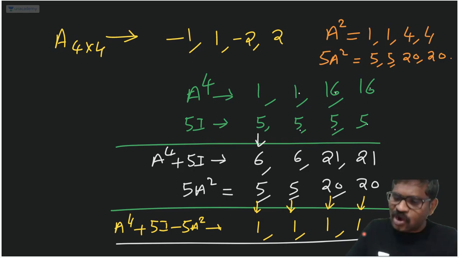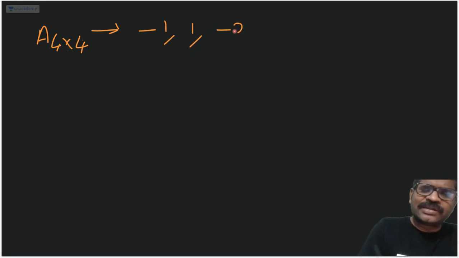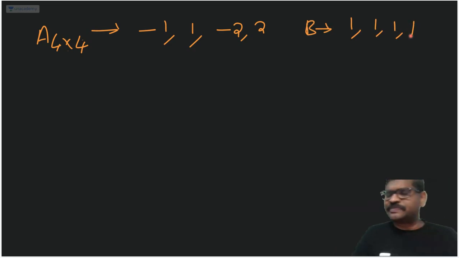So conclusion is, eigenvalues of matrix A are minus 1, 1, minus 2, 2. Eigenvalues of B are 1, 1, 1, 1.